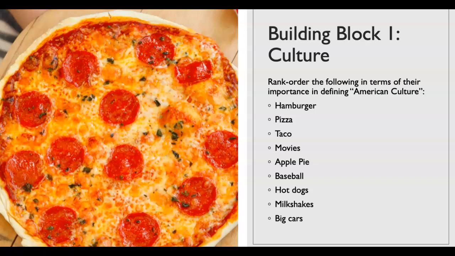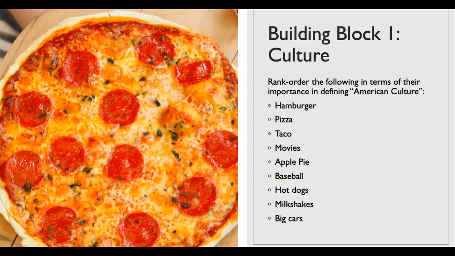If you're thinking about American culture, right? How would you rank order the following in terms of their importance in defining American culture? Hamburger, pizza, taco, movies, apple pie, baseball, hot dogs, milkshakes, big cars. What do you think are the top three American culture products?